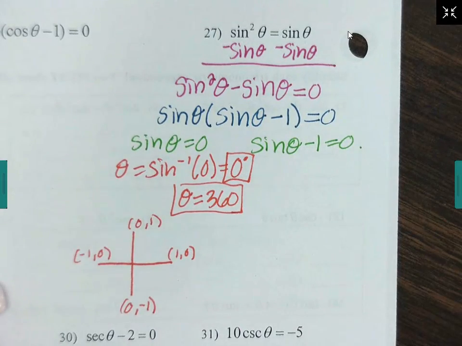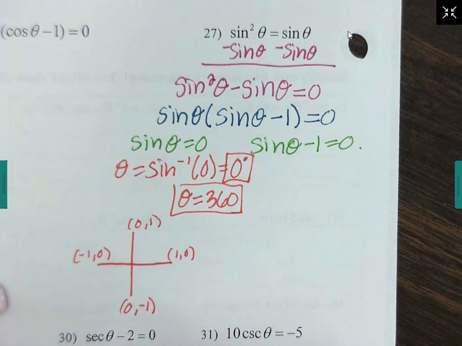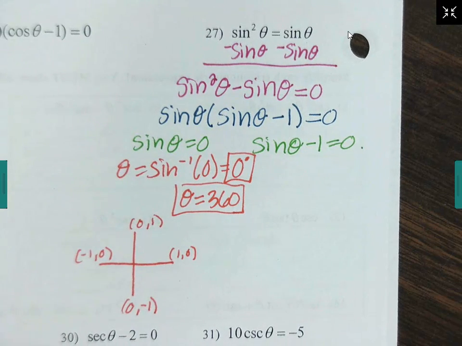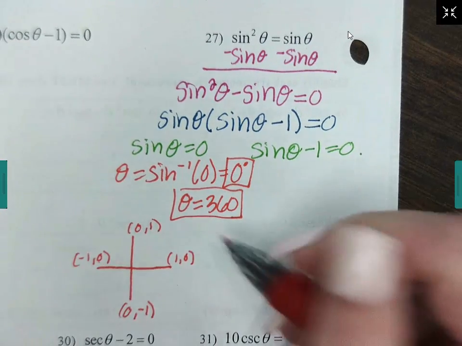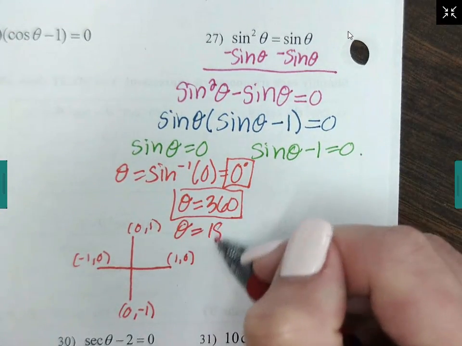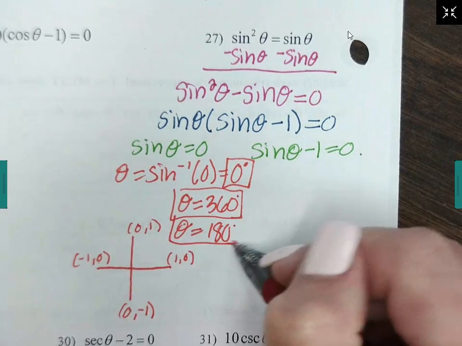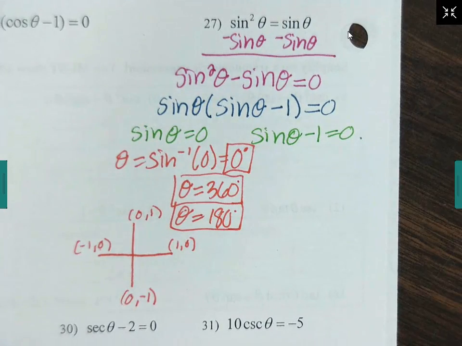Can it be 90? No, because the sine can't be 0 there. But at 180 degrees, our sine is 0 as well, isn't it? All right, and now we just want to solve the second equation for theta.